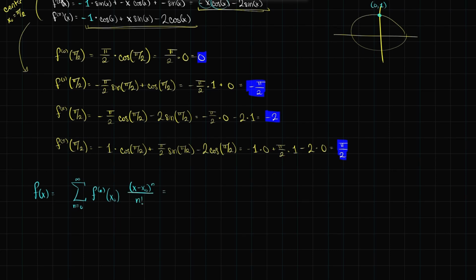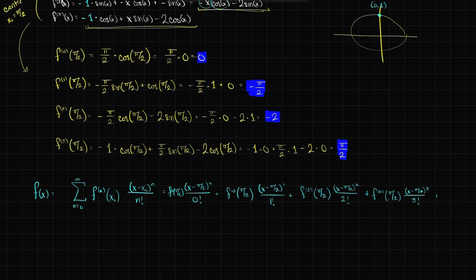And so if I write out my first 4 terms, this is going to be x minus pi over 2 to the 0 power over 0 factorial, and the 0th derivative at pi over 2, plus the first derivative at pi over 2, x minus pi over 2 to the first power over 1 factorial, plus the second derivative at pi over 2, x minus pi over 2 squared divided by 2 factorial, and the third derivative at pi over 2, x minus pi over 2 cubed over 3 factorial, and so on. But those are my first 4 terms, and I've just calculated 1, 2, 3, 4 coefficients.